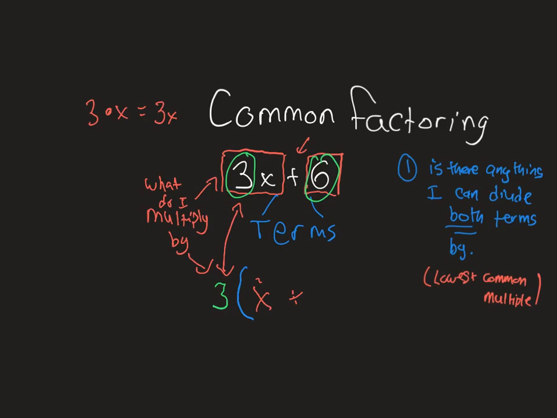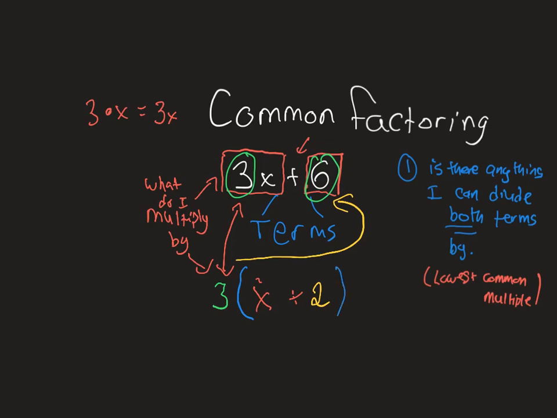And then I have the 6. Well, what do I have to multiply by the 3 to give me my 6? Now imagine it's like the 3 is the shopping bag. You put the 3 in the shopping bag. What's left over when you took out the 3? I'm not telling you to do 6 minus 3. I'm telling you to do 6 divided by 3, which I know is 2.